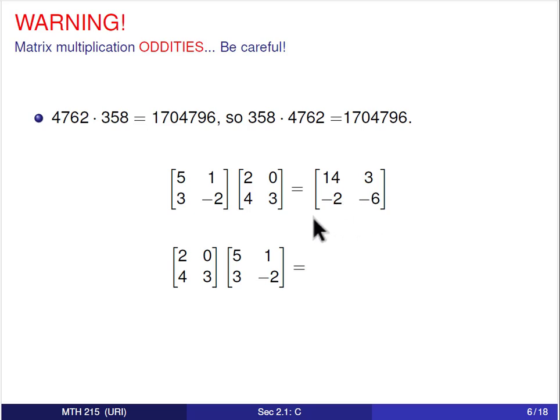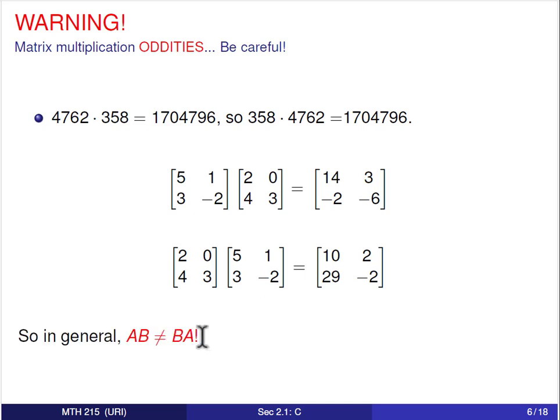Now on the next line down, we've got the same two matrices, but in the opposite order. And if we multiply those, we end up with what looks like a completely different matrix. They're very different, these two answers, but you used the same two matrices. The only thing that changed was the order that you multiplied them in, but apparently that can make a difference.